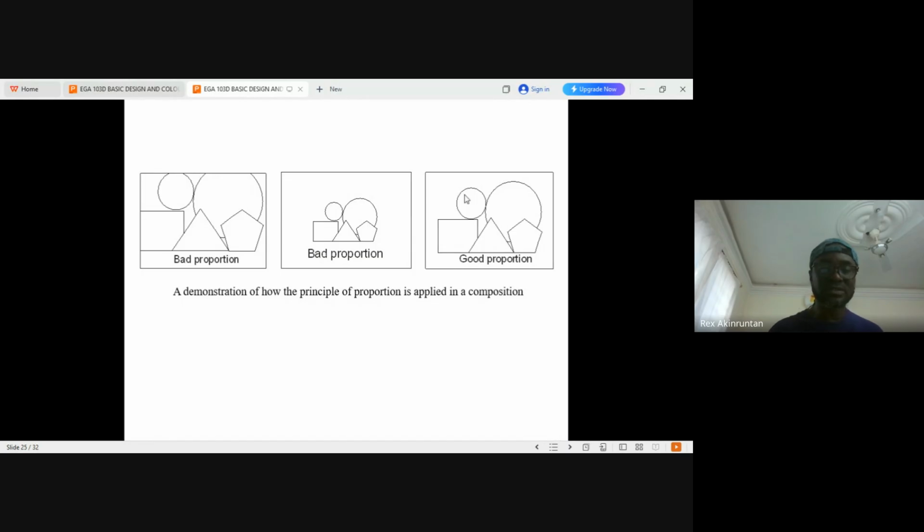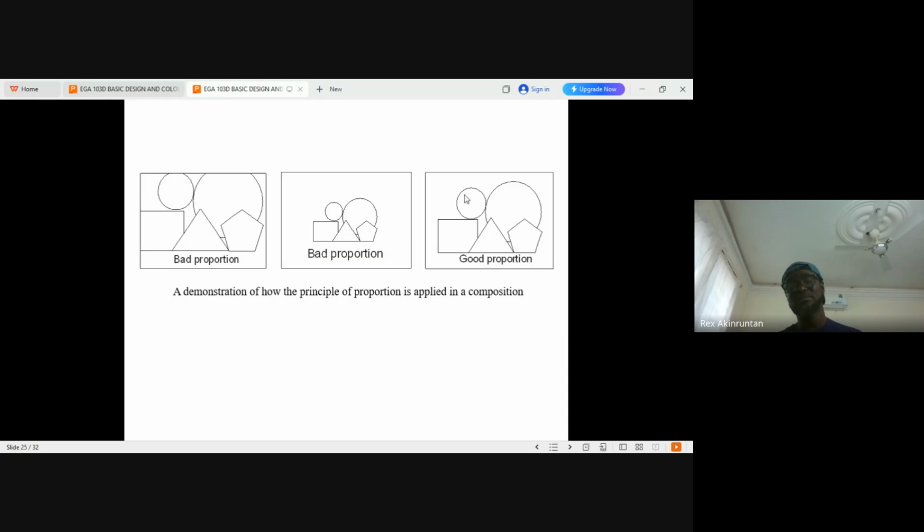The work becomes too crowded and too intimidating in terms of form. Looking at the other one, image 2, it's also termed bad proportion because it has been pushed far away to the background, leaving so much space that could be used for something. That again is not good proportion, because when you view it, it's not interesting.